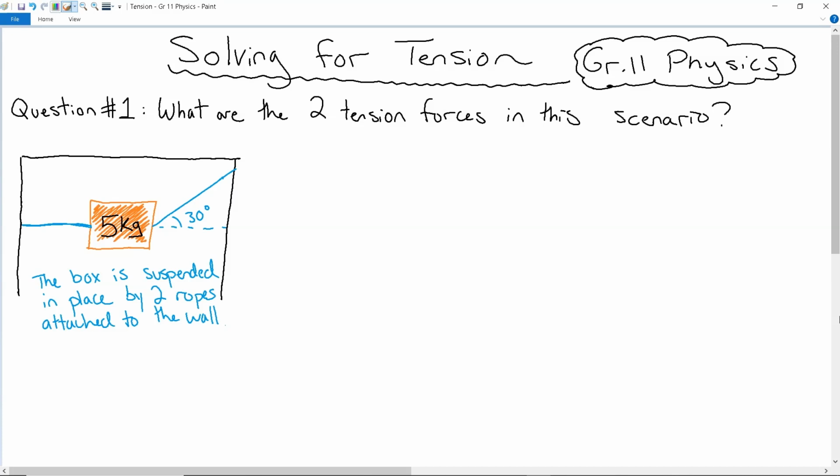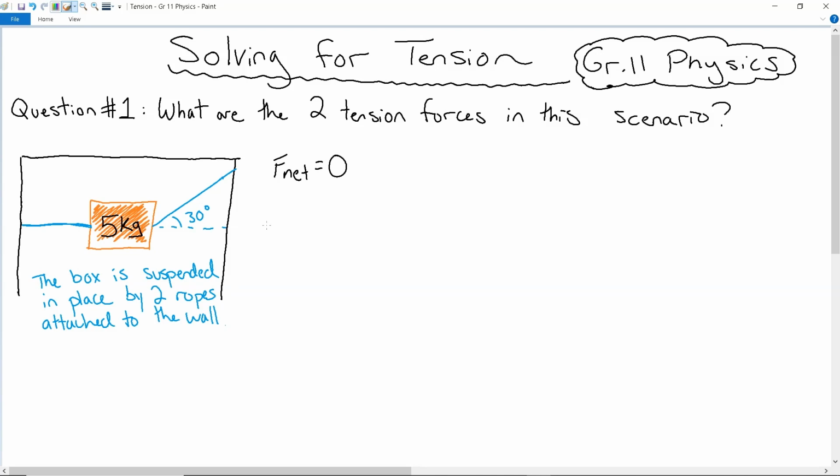So the scenario is we have a box weighing 5 kilograms, and it is suspended in place by two ropes attached to the wall. So immediately from this description, suspended in place means that there is no acceleration happening. Therefore, my F net must be 0.